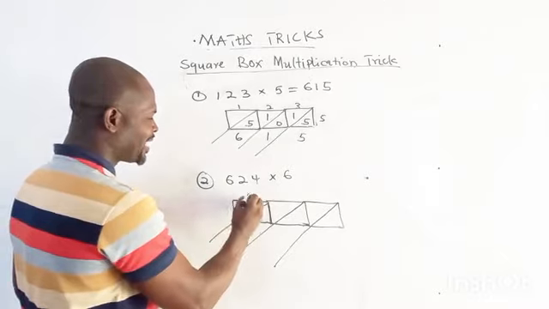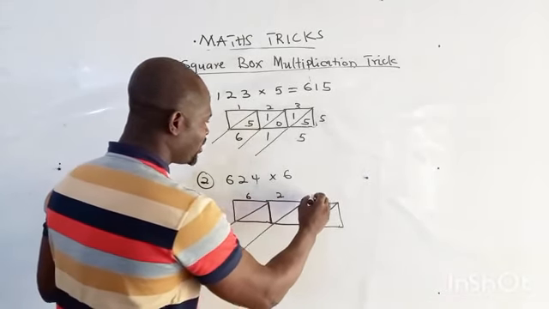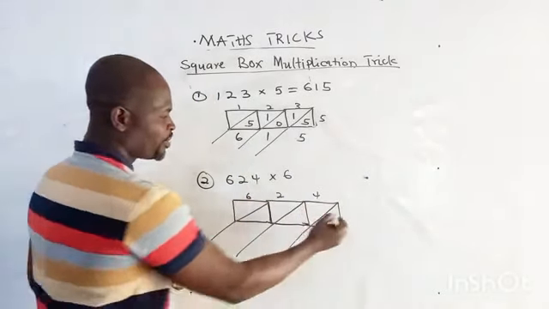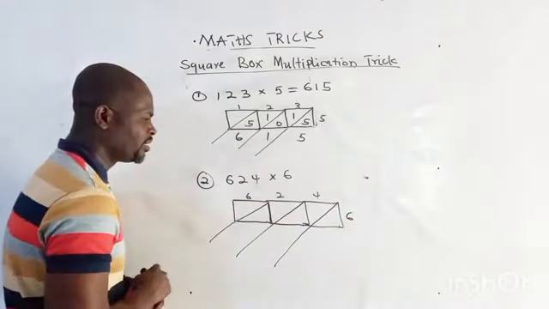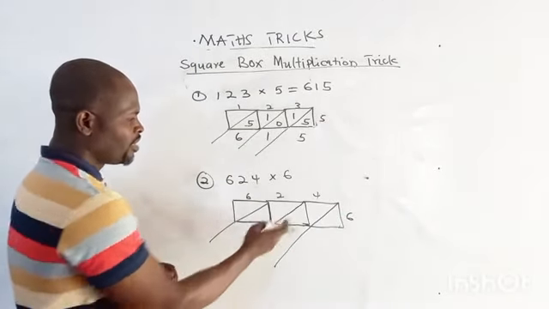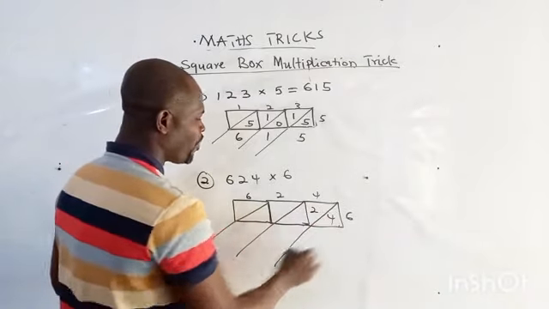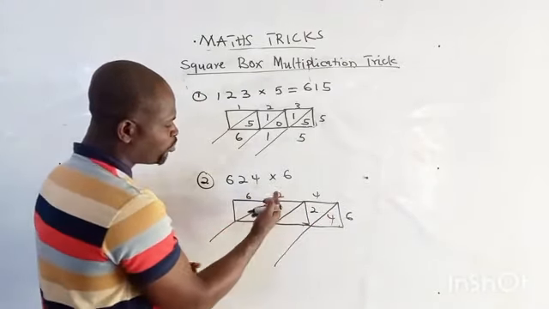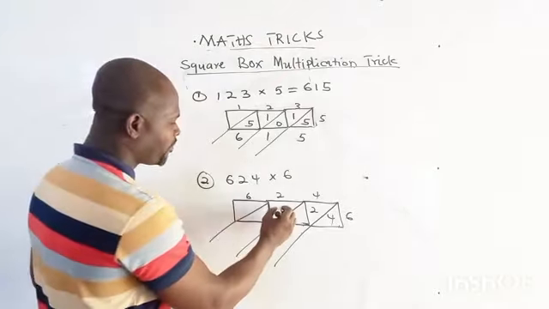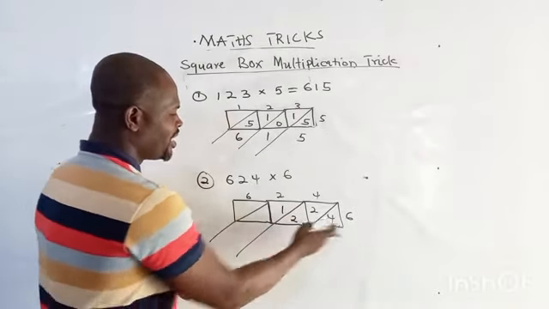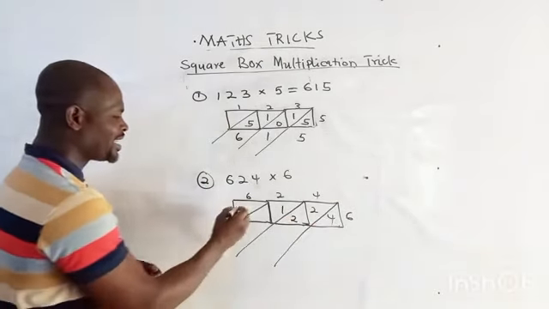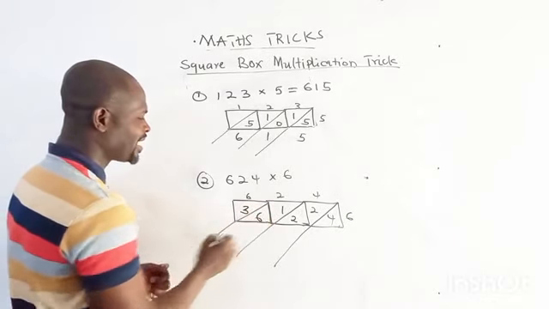So the first number 6, 2, 4 against 6. So your 6 is here. Let's see what we have. Now 4 times 6 will give us 24. So 2 and 4. 4, 2, that's it, 12. So 1, 2 here. And then 6 times 6, you are getting 36.